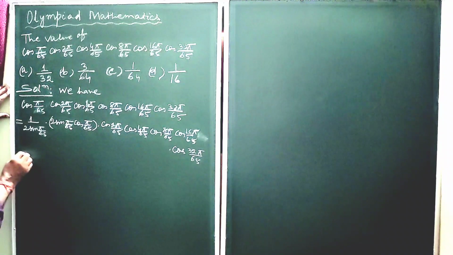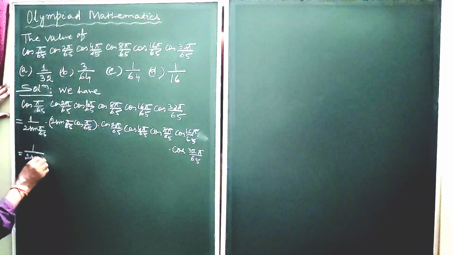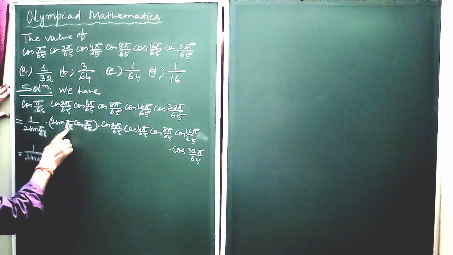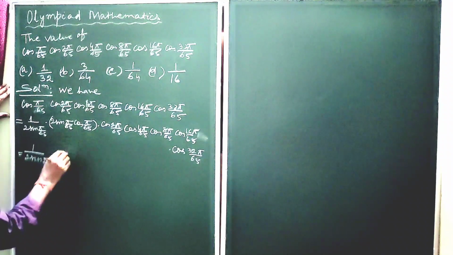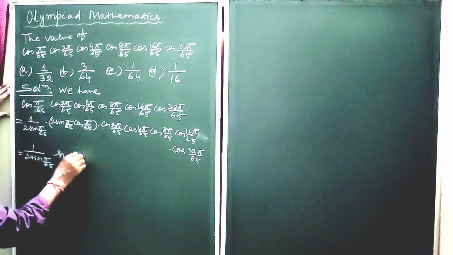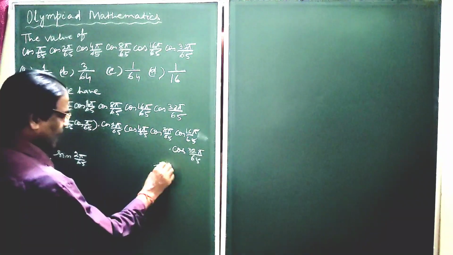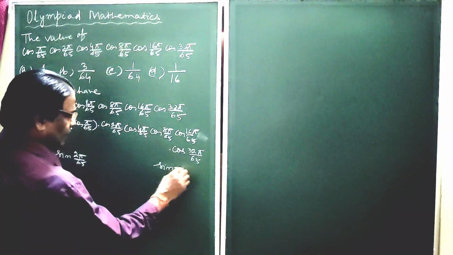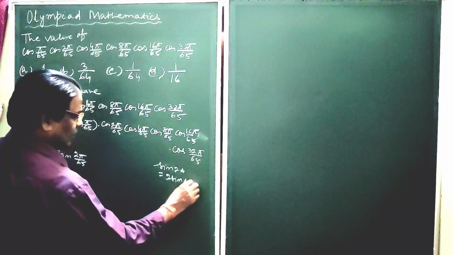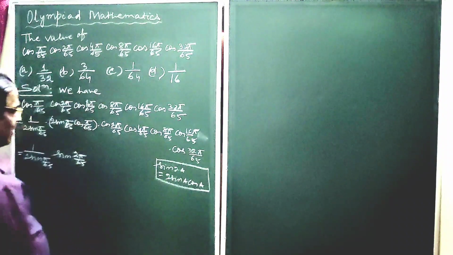Here 2 sin pi by 65 cos pi by 65 will be sin 2 pi by 65, because we know sin 2A is equal to 2 sin A cos A. So this formula we have used here.